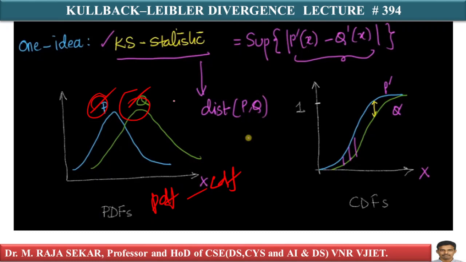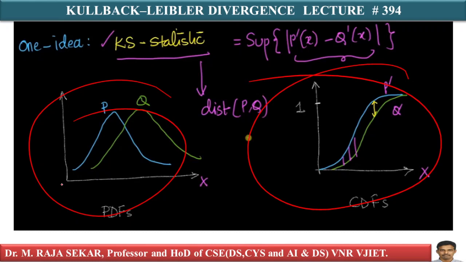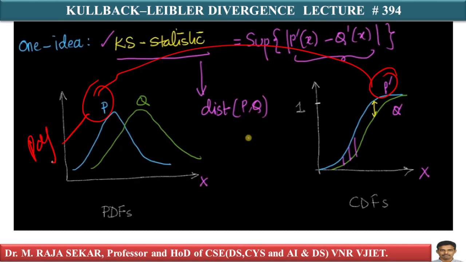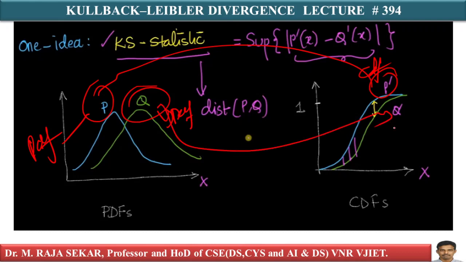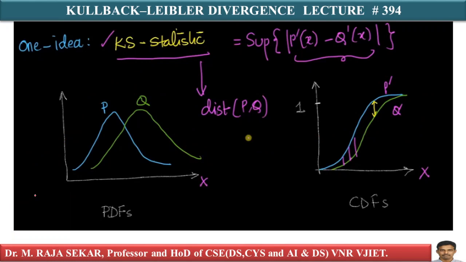P dash is the CDF corresponding to P, and Q dash is the CDF corresponding to Q.